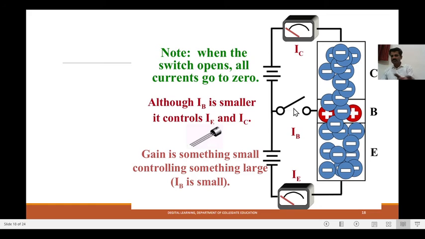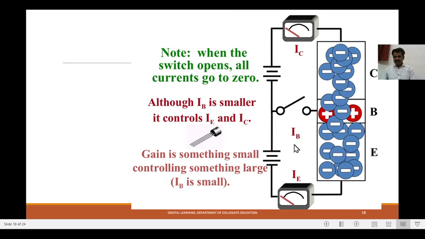When a small amount of base current is flowing, there is a large current flow through the emitter and collector. Hence, the base current acts like a controller of current flow in a transistor. When the switch is open, the base current is 0 and all currents go to 0. So IB controls IE and IC.